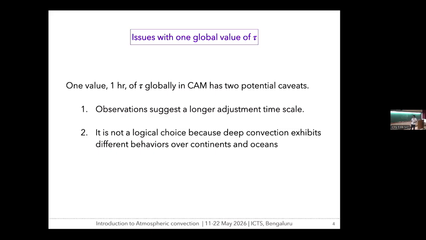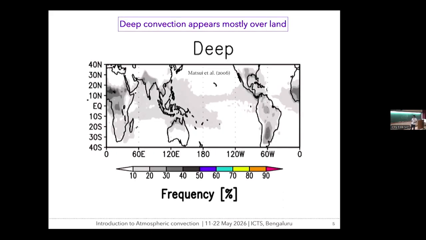Just for further motivation, I've already shown this picture earlier: a fraction of deep convection plotted from Matsui et al. 2006 when they looked at TRMM data, and they found that deep convection typically occurs more over land.